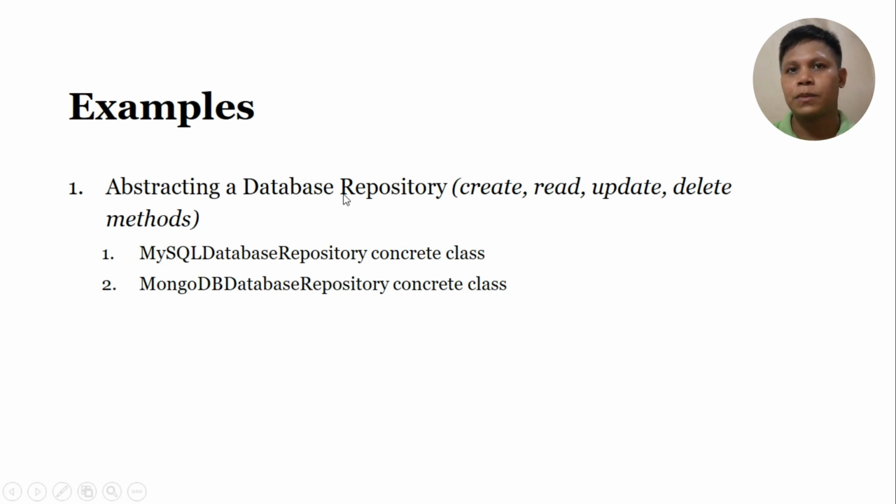Rather than our application relying on a specific type of database, let's say MySQL, why not just let it interact with an interface so that we have the flexibility to switch to different databases, let's say from MySQL, a relational database, to a non-relational database, let's say MongoDB.